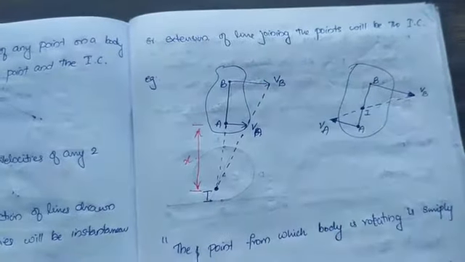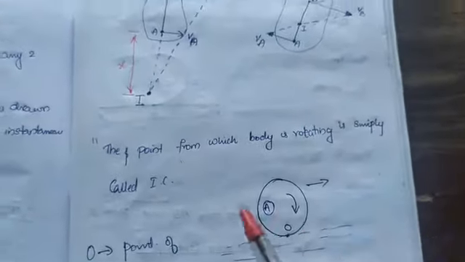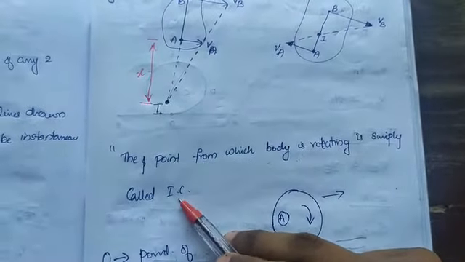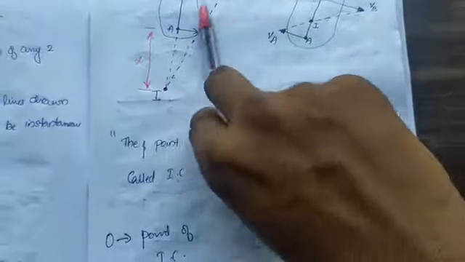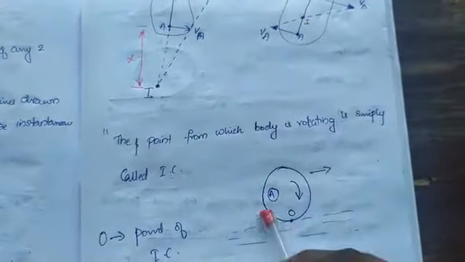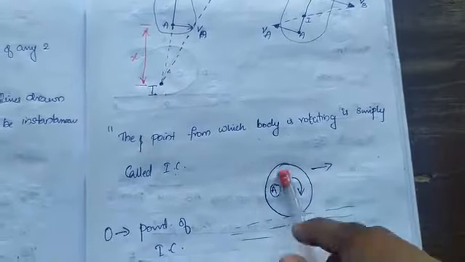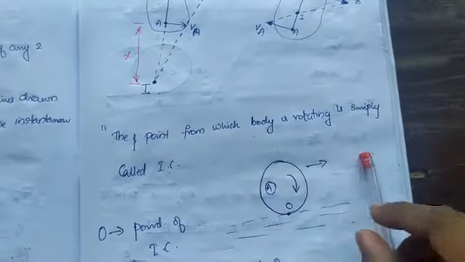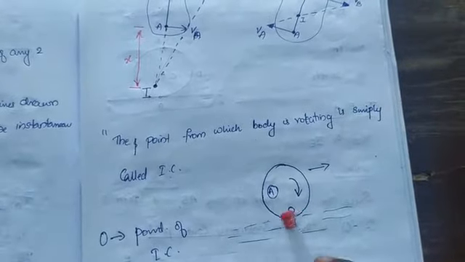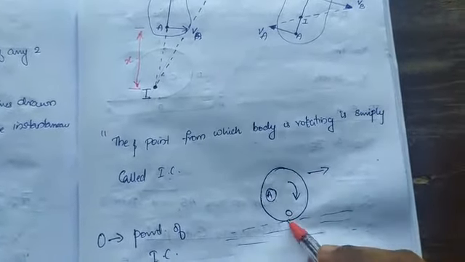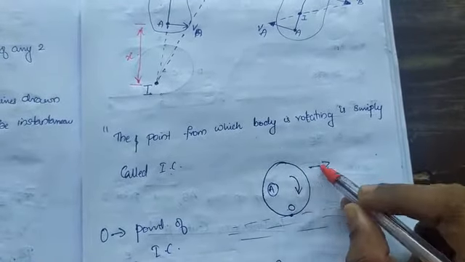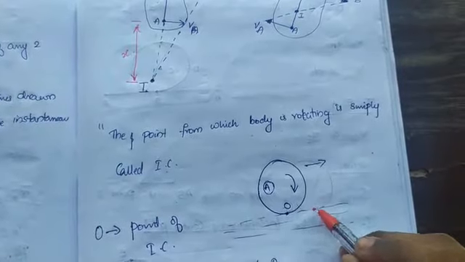Those vectors are joined. Now another important case: the point about which a body is rotating is simply called the instantaneous center. So a body is rotating with respect to a point. If you consider a disk which is rotating like this and moving like this, you can say that with respect to this point the object is rotating, and again if it is placed here, with respect to this point it is rotating.